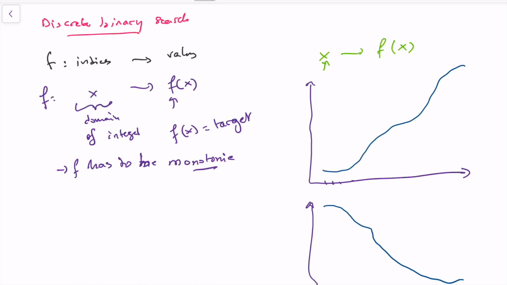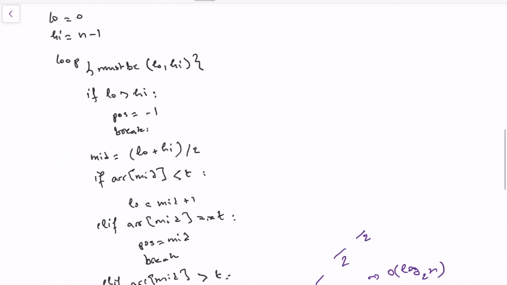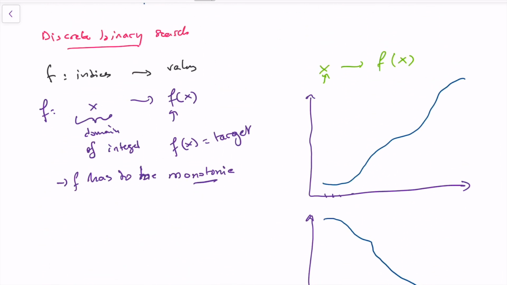So if it has a shape like this, for example, this one is monotonically increasing, this one is monotonically decreasing, we can apply binary search here. And so you can see here the power of binary search. It can be applicable not only to an array, but also to any function that has this property. Some people also call this the bisection method.